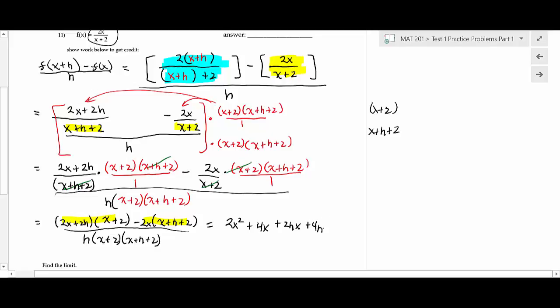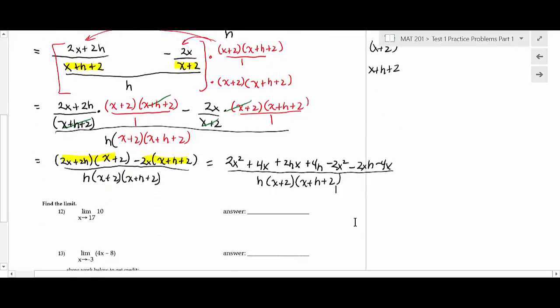And then I'm going to do a distributive property here to get minus 2x squared, minus 2xh, and minus 4x. Okay, and then that's going to be all over h times x plus 2 times x plus h plus 2.